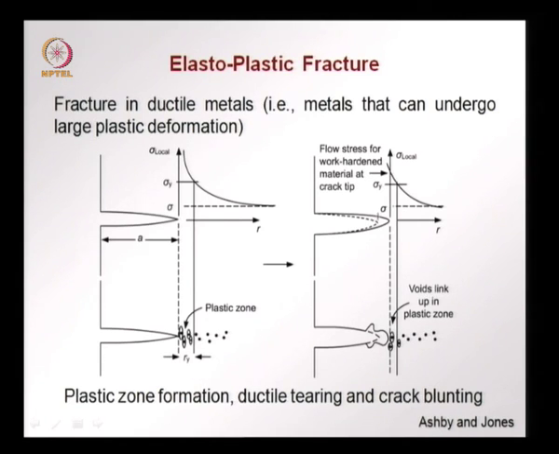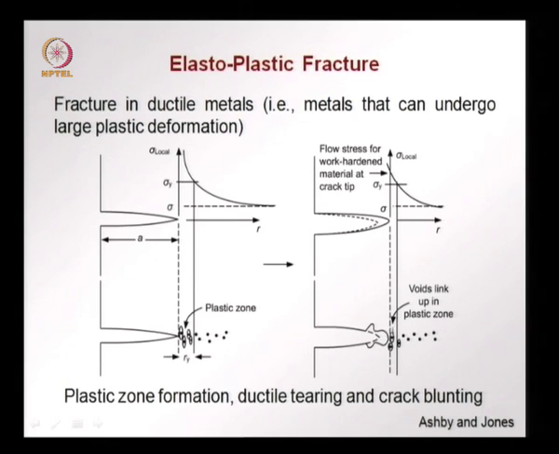With further increase in stress, the crack now propagates. In the microstructure, these cavities that form now link up with the crack, or the crack extends to include the cavities. This results in the blunting of the crack, because you will not have a sharp crack anymore. Here initially we had a sharp crack.